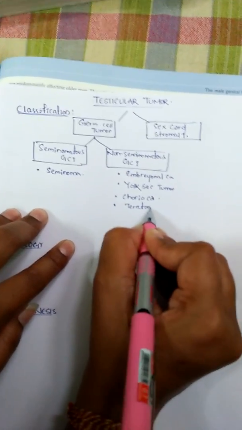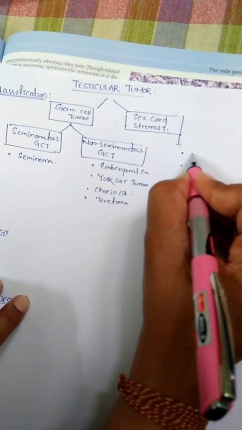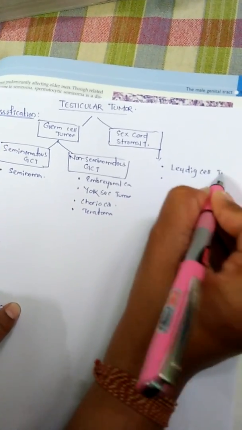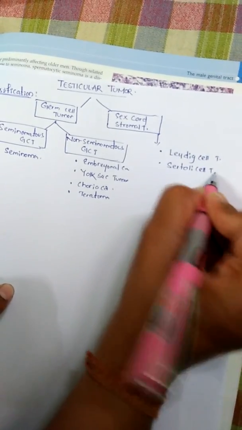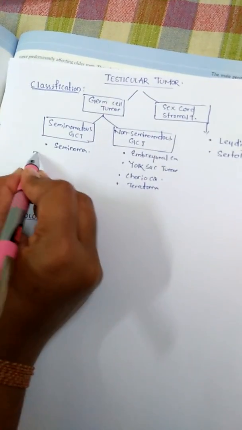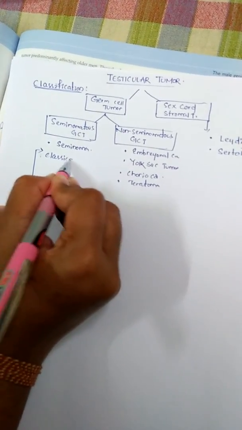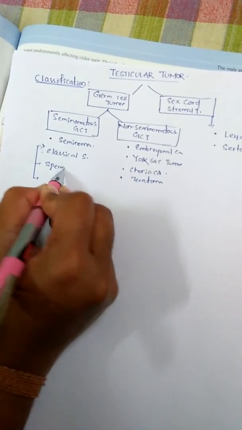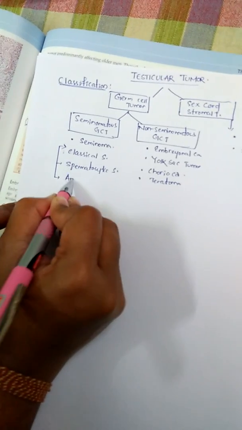The sex cord stromal tumor includes two types of tumor. One is the Leydig cell tumor, and another is the Sertoli cell tumor. And the seminoma includes three types: one is the classical seminoma, another is the spermatocytic seminoma, and the third one is the anaplastic seminoma.